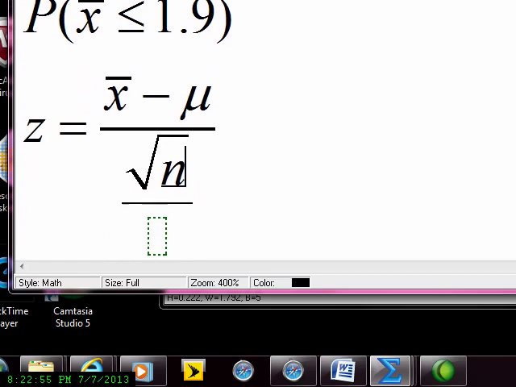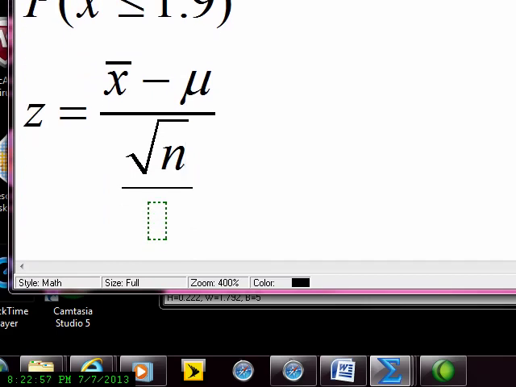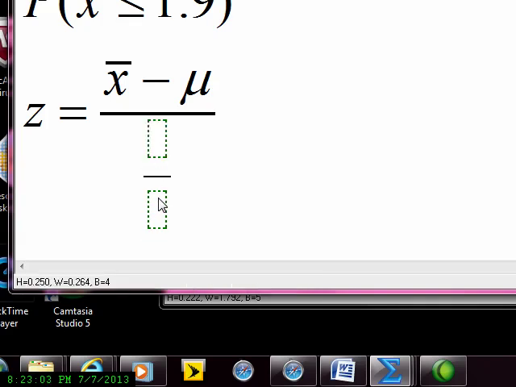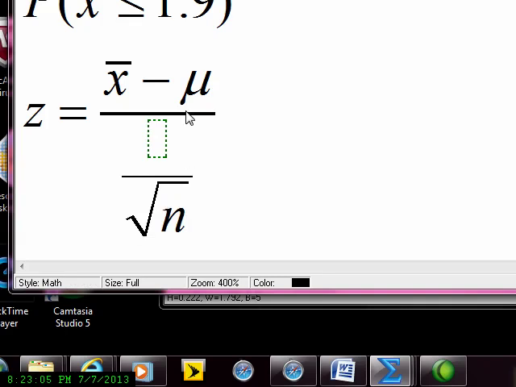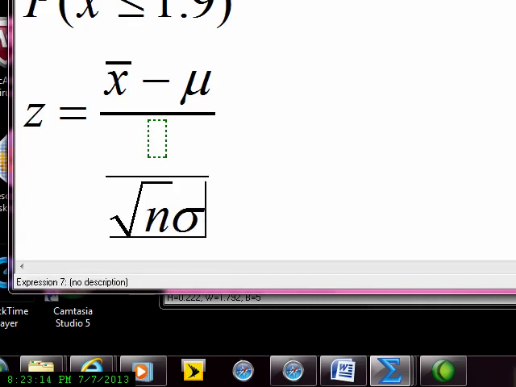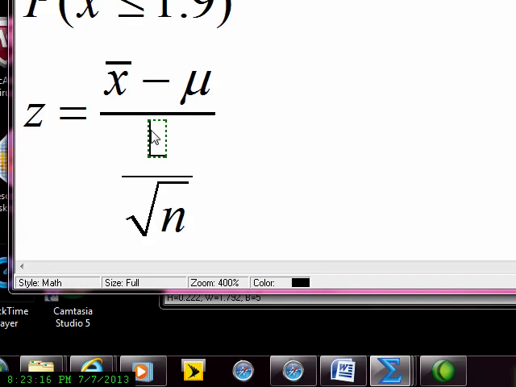So there's how you can see it. I don't know what happened to sigma, but we'll fix it. Control X, Control V, and there's that formula. All right. Sigma. All right, so that's our formula.